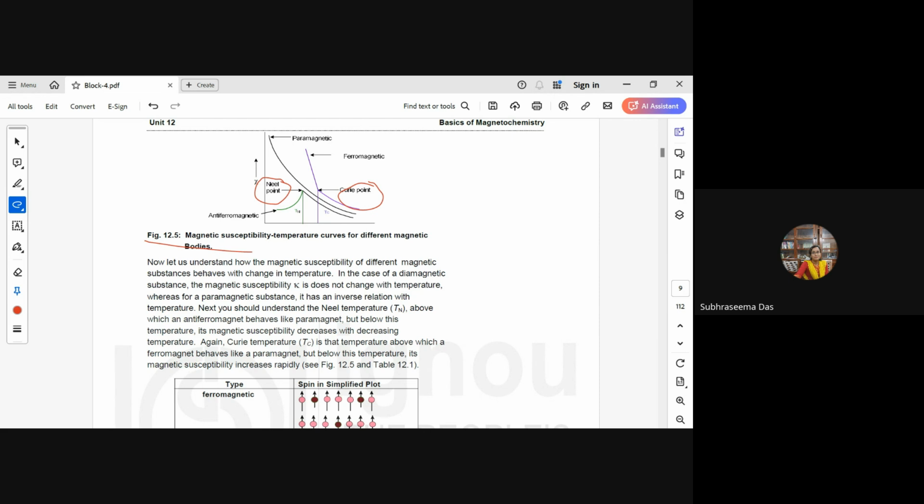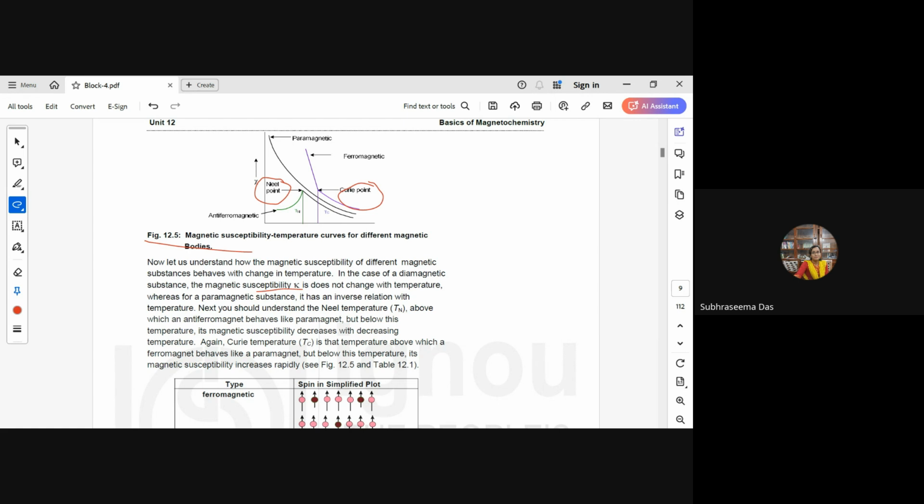Now let us understand how chi changes as a function of temperature. In figure 12.5, for a diamagnetic substance, the magnetic susceptibility chi does not change with temperature. But for a paramagnetic substance, chi is inversely proportional to temperature.